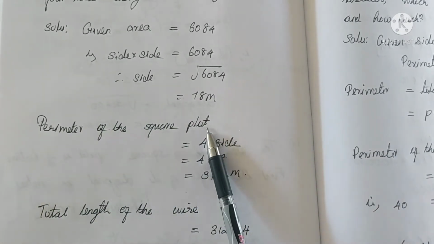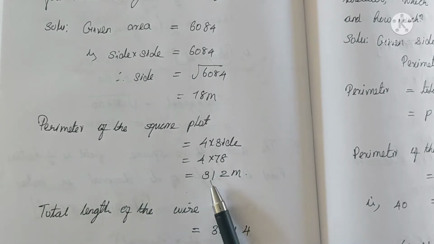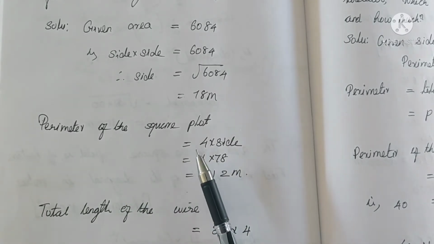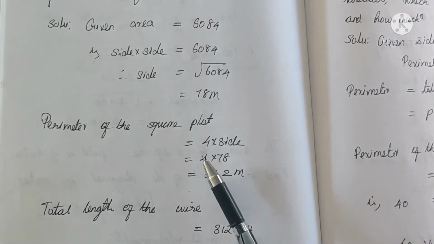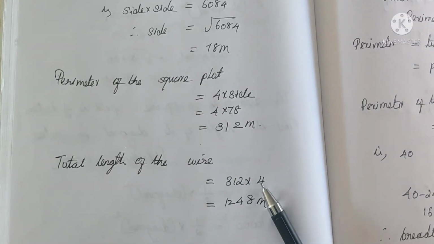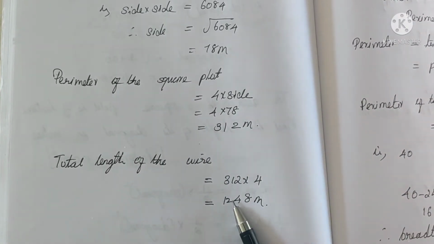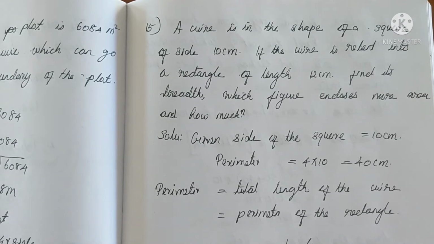Perimeter of the square plot is equal to 4 into side, 4 into 78, which is equal to 312 meter. Now we want to find the total length of the wire which will go 4 times along the boundary. So total length of the wire is equal to 312 into 4, which is equal to 1248 meter.